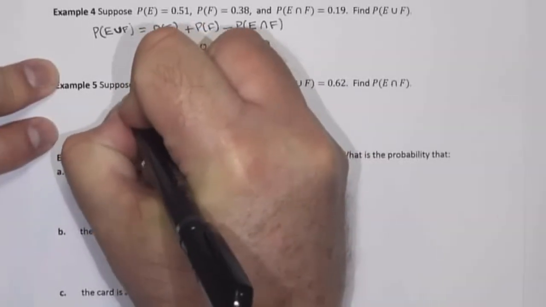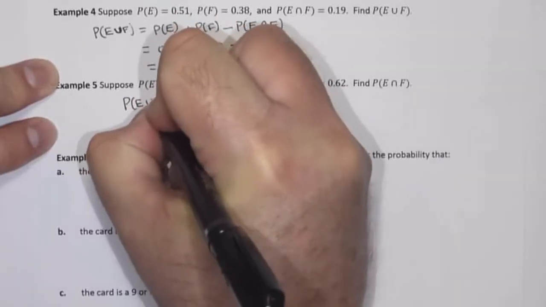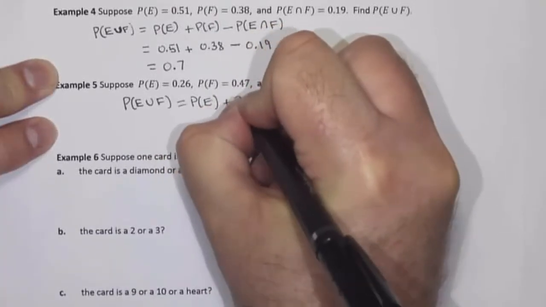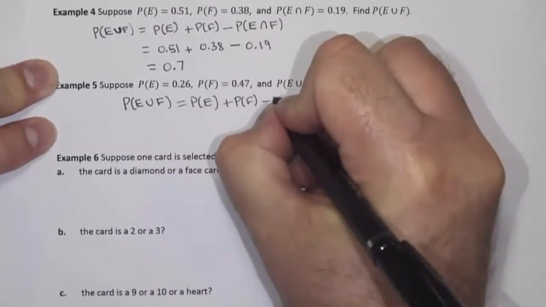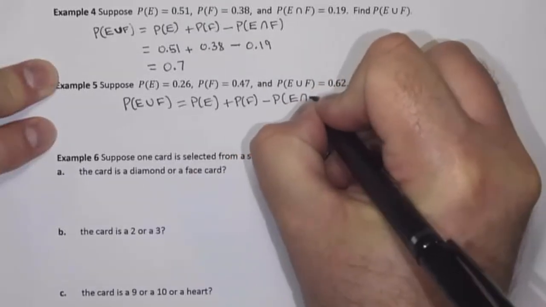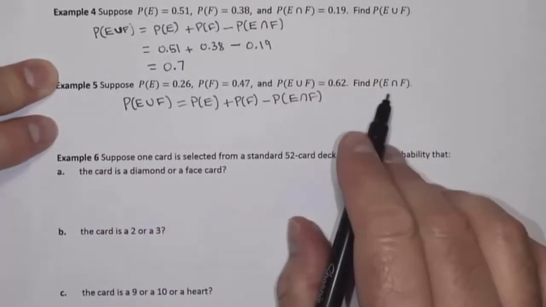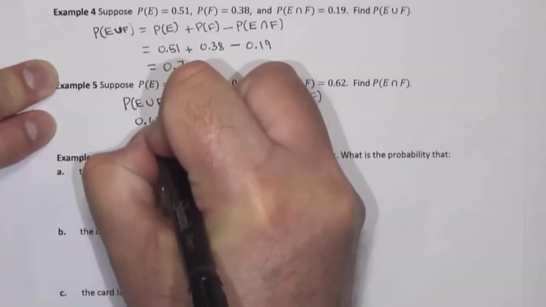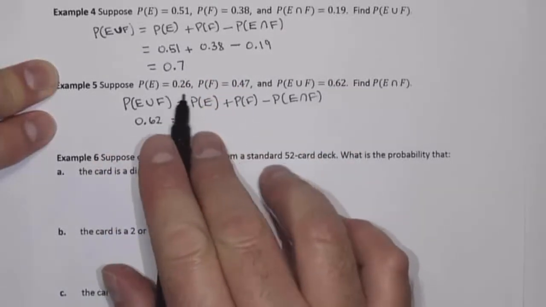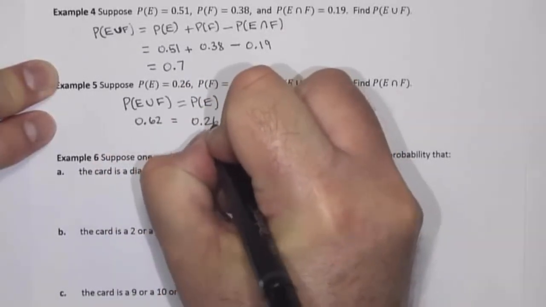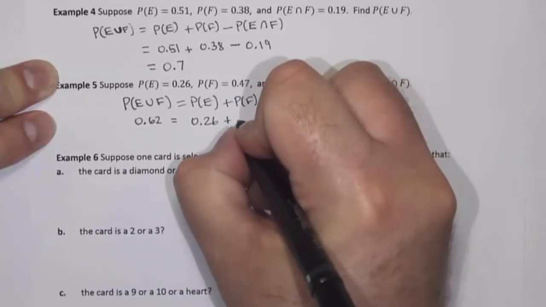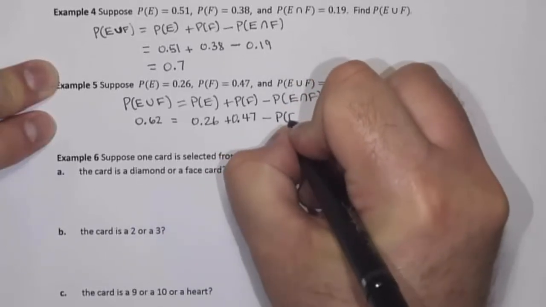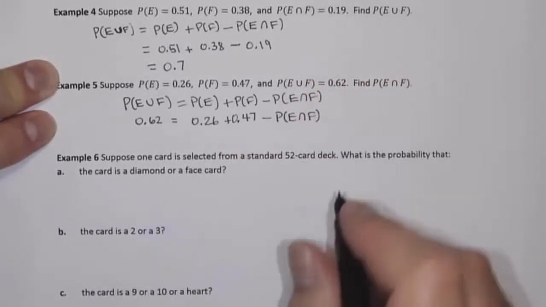We can work it basically the same way though. The probability of E union F is equal to the probability of E plus the probability of F minus the probability of E intersect F, and so we fill in what we know. We know the probability of E union F is 0.62, so I have 0.62 is equal to the probability of E, which is 0.26, plus the probability of F, which is 0.47, and minus the probability of E intersect F, which is what we're looking for.